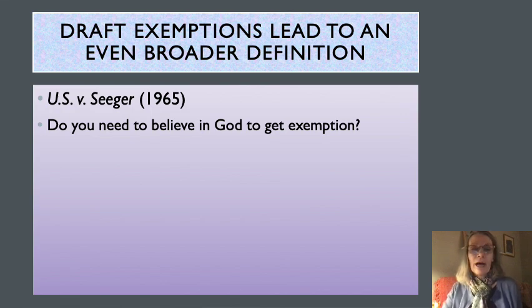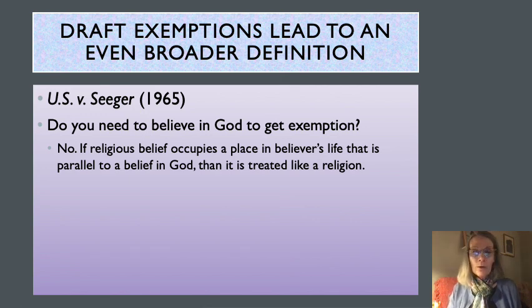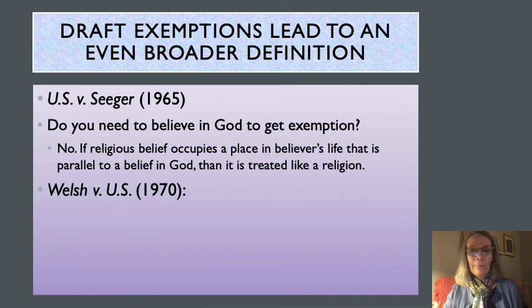Do you need to believe in God to get an exemption? And the Supreme Court said, no, you don't need to believe in a supreme being, in God, in order to have your belief system recognized as a religion. They said that if a religious belief occupies a place in a believer's life that is parallel to a belief in God, then it should be treated as a religion by the court and it deserves protection.